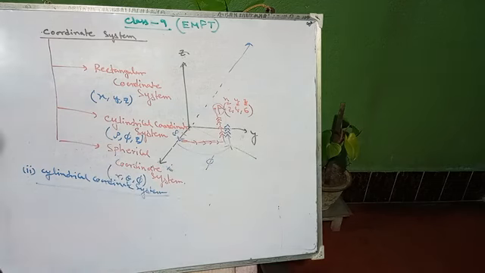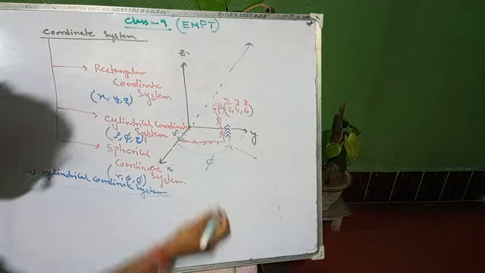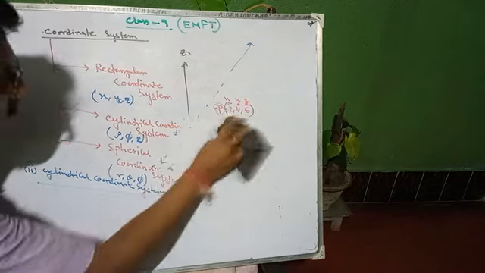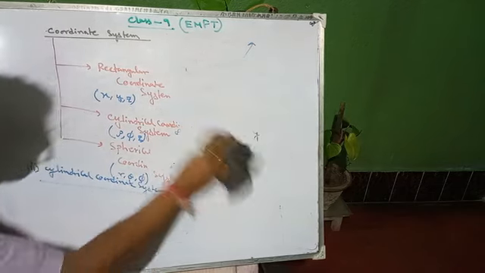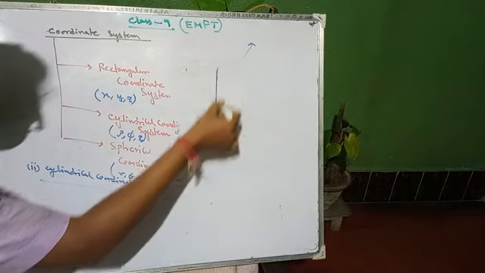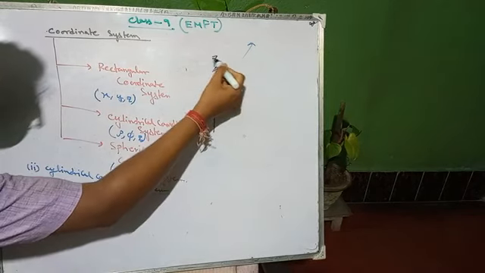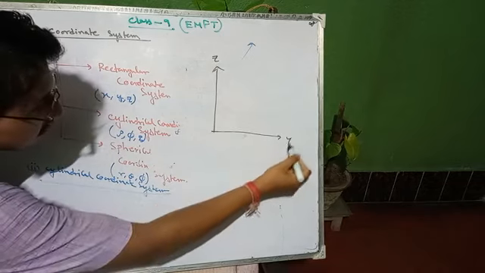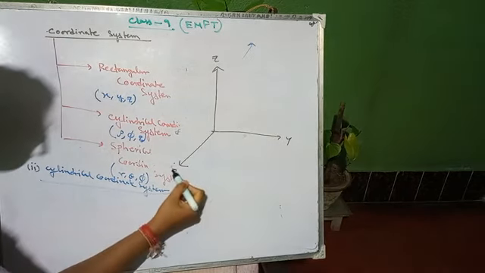So what is rho? Here rho equals what? So you have to draw another one separately, to make it prominent. Okay, so let us consider three axes. First one is z, this is y, and it is x.